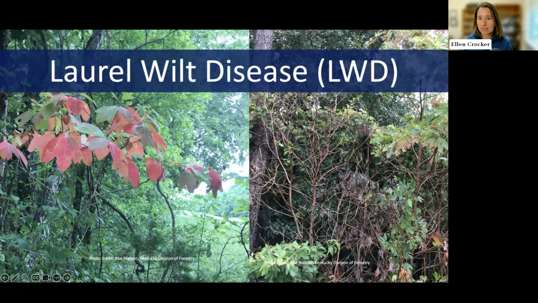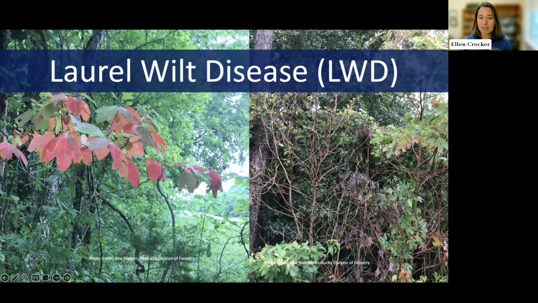Laurel wilt disease is a lethal, invasive issue that is killing sassafras trees in Kentucky. It is pretty recent. It was first detected in the state in 2019, and since that time has been killing many sassafras trees. And how is that happening?